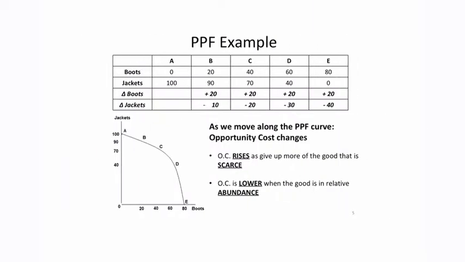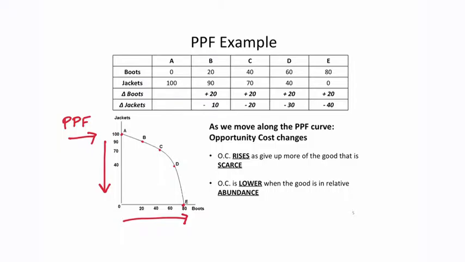So let's start. As you can see in this graph here, our PPF curve is plotting the points that we see in the table. Point A, B, C, D, and E. What we see is that as we produce more boots, we need to produce less jackets because we have scarce resources in our economy.